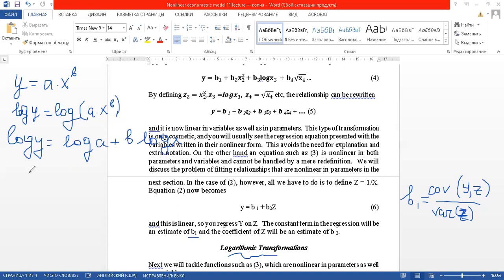So in this situation, we can define logarithm through y, for example, and we'll obtain a linear model.